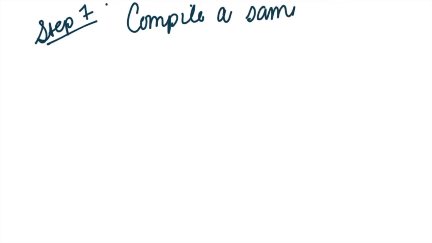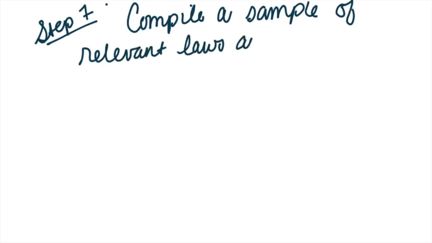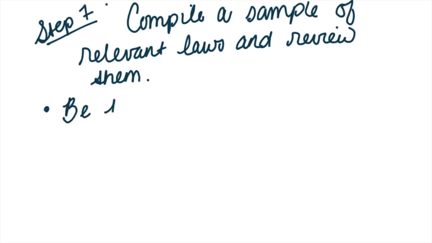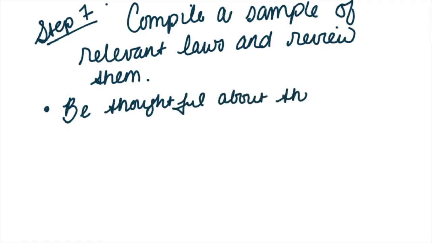Now, when you're compiling your sample of relevant laws, you want to keep them to a small amount, but make sure that they are representative of the population that you plan on studying. So you should be thoughtful about the laws that you choose. And the reason is that we're going to analyze them and we're going to use them to develop a codebook.